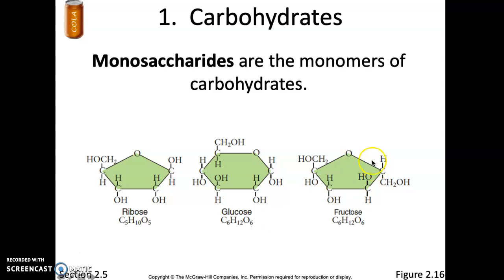So what's different about them? What's different about them is the way that they bond. So this is a hexagon. This is only 5. The carbons are arranged in slightly a different fashion. Okay, so if I show you one single one of these and tell you this is glucose, you know that that's a monosaccharide. You know that's a monomer.